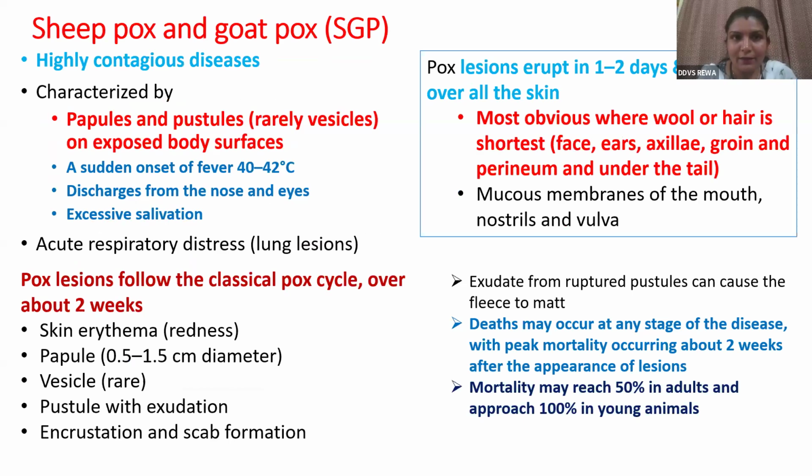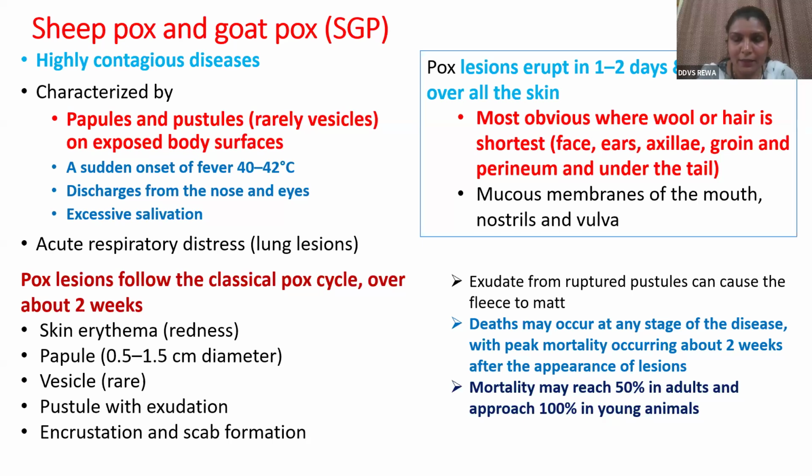Another similar disease is orf. Orf is caused by a pox virus, and sheep pox and goat pox are similar diseases to orf. But the differentiating point is that in orf, most of the lesions are found on the oral or mouth area, while in sheep and goat pox, the lesions may be all over the body, where wool or hair is very less, like the face, ear, axilla, groin.